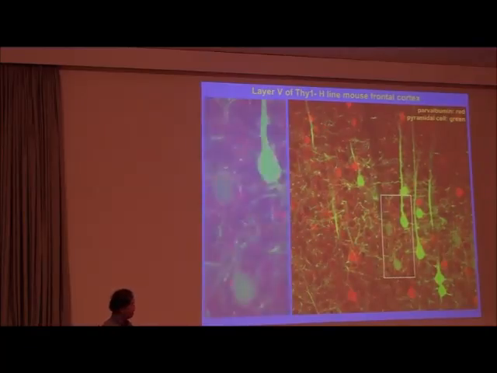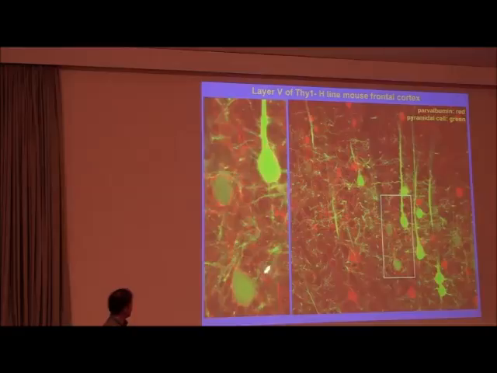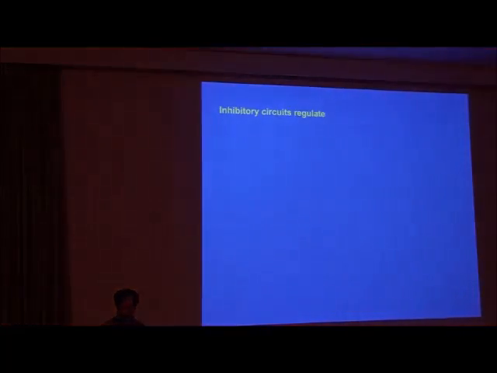This part is enlarged here, and you can see a positive layer 5 cell is surrounded by many positive terminals. So I'm going to introduce the functional significance of these connections today.